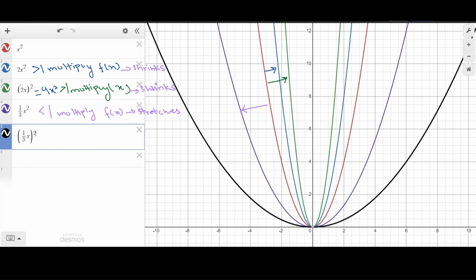And we see that the stretch is now way greater compared to dividing the output of the function, right? So when we multiply with a number less than 1 to the input of the function, there is again a stretch.